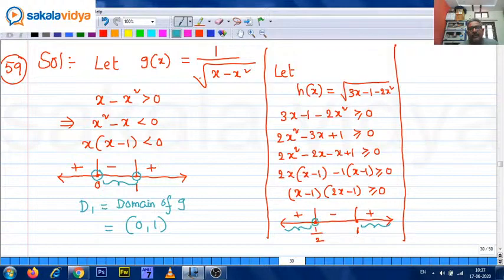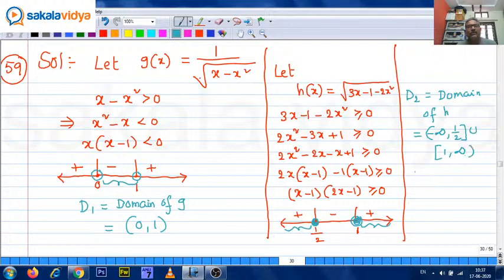So we need to consider this one. This is closed. But already in this case 1 is not included. Just open up, no problem here. Or close it, no problem also. It's also closed. So what is the D2 here? D2 equals the domain of H equals minus infinity comma 1 by 2 closed union 1 to infinity.